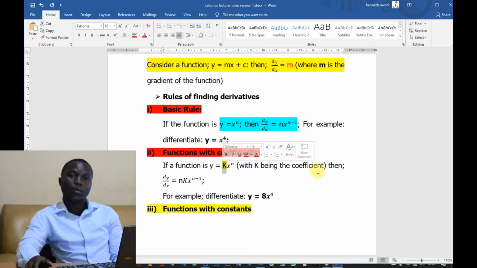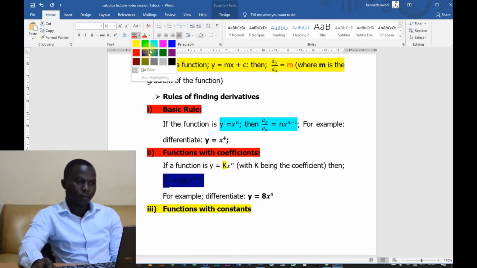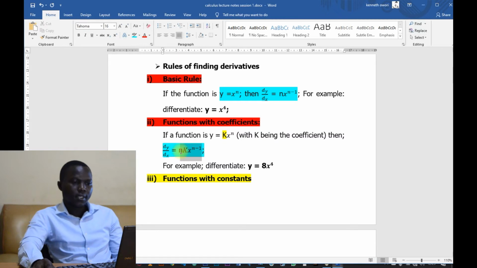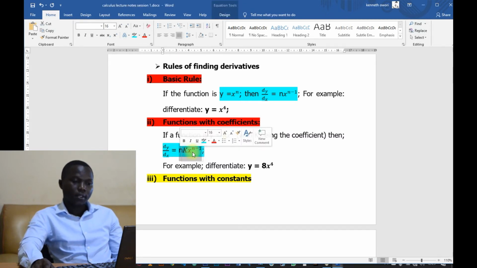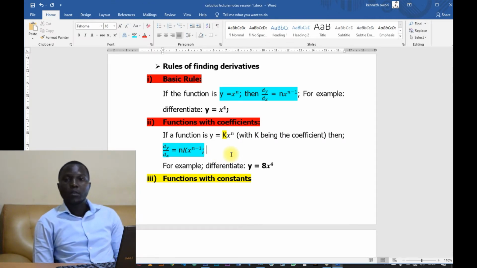The basic principle still applies, whereby we multiply the expression, inclusive of the coefficient, by the power, and then reduce the power by 1, as you can observe in this illustration. So if y equals kx power n, the derivative would be n kx power n minus 1, where kx was multiplied by the power n, and thereafter the power was reduced by 1. That is how we can differentiate an expression having a coefficient.